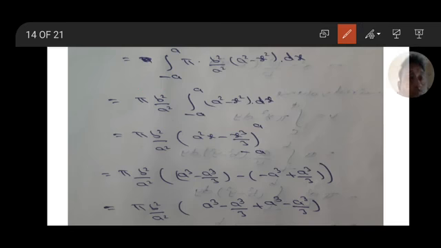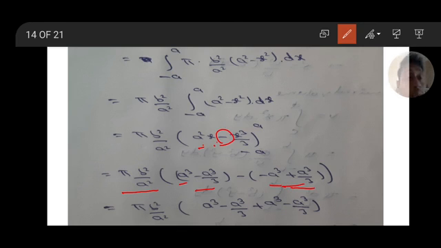Substitute the limits, we get pi into b square by a square into a cube by 3 minus a square into minus a cube, and minus a cube by 3 means minus a cube, already it is minus there, minus plus a cube.